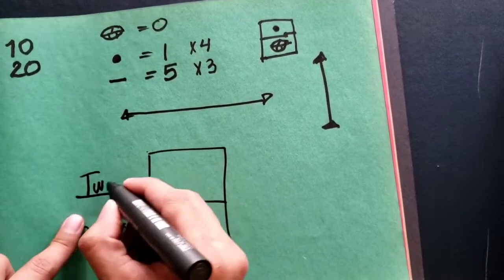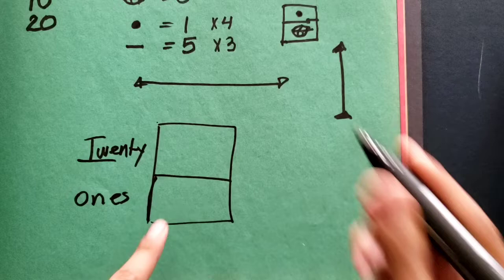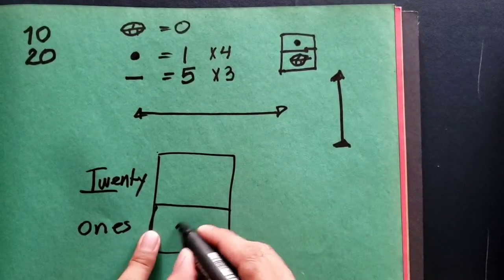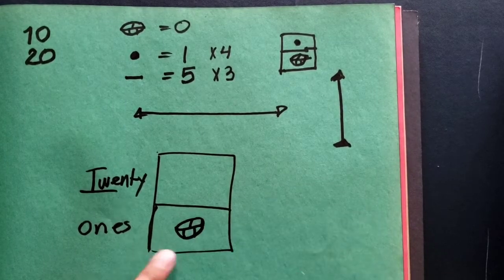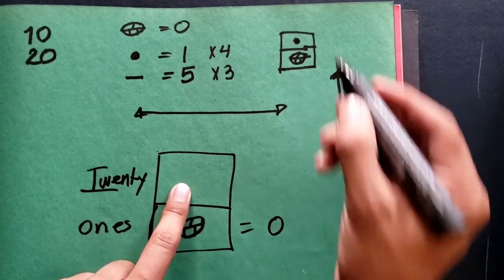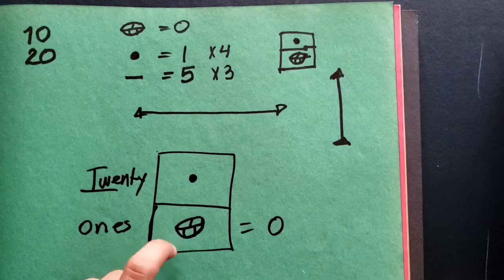I'm going to write 20 here. As you may see, in the ones I wrote 0. How much do I have here? 0. In the 20s, I write 1. So look at this.